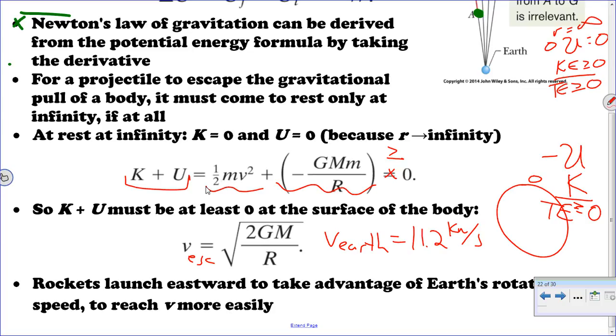Look, it's a super simple derivation. The equation for gravitational potential energy is on there, and you all know the equation for kinetic energy. So the equation is derived from just basically saying how much kinetic energy do I have to have so that when I add it to my negative potential energy, I get something bigger than or equal to zero.